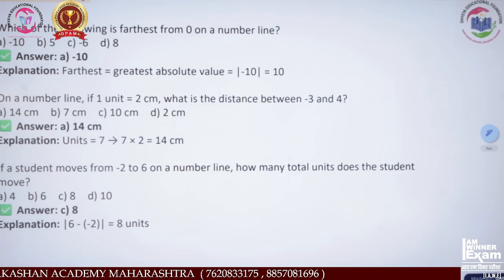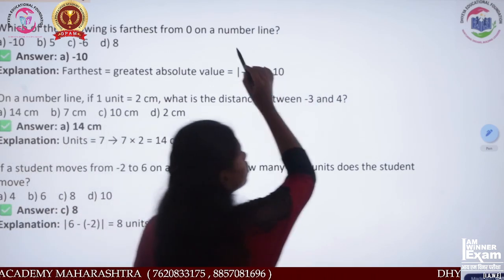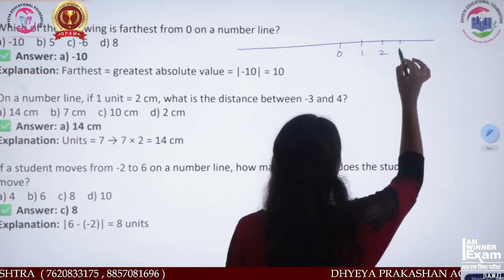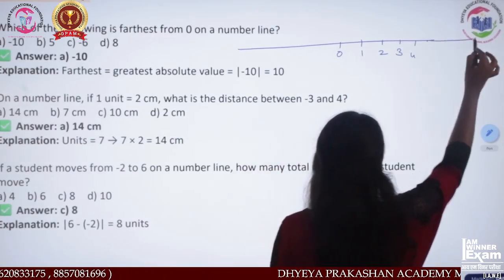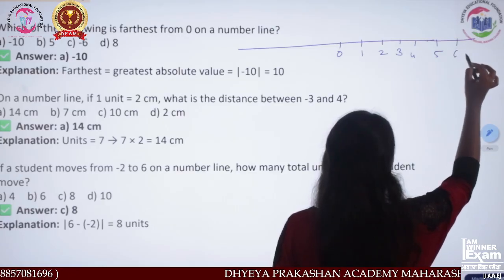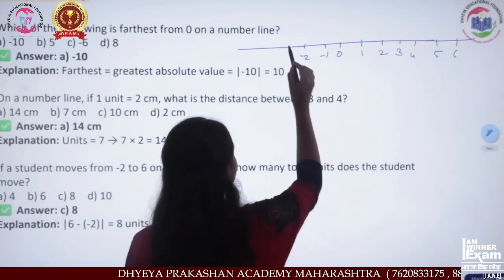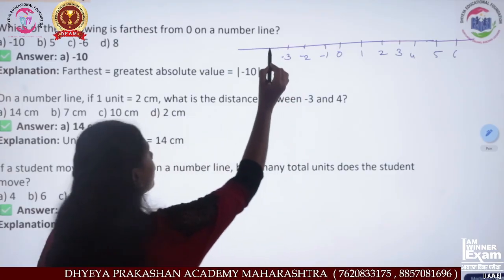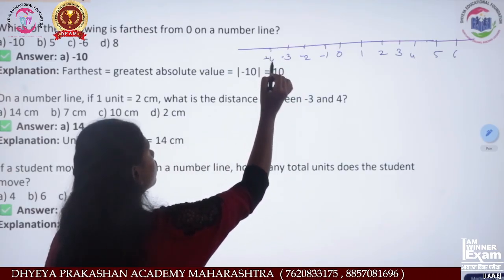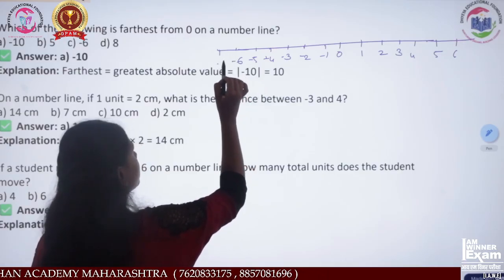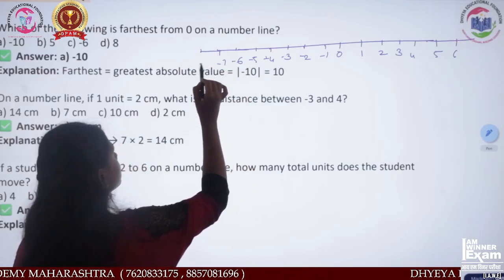Then next, which of the following is farthest from 0 on the number line? Okay, farthest from 0. So let's draw the number line. 0, 1, 2, 3, 4, 5, 6, minus 1, minus 2, minus 3, minus 4, minus 5, minus 6, minus 7, minus 8.